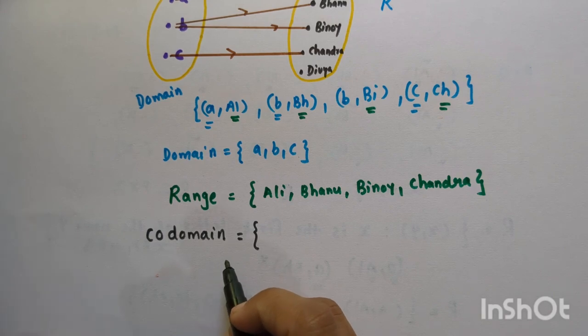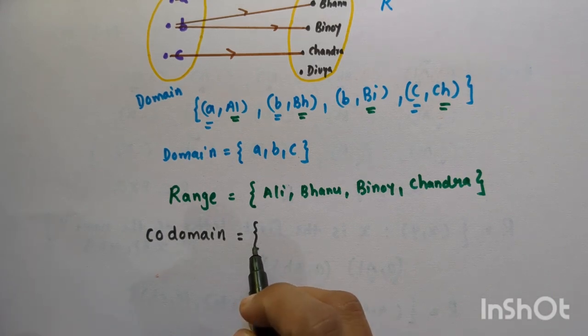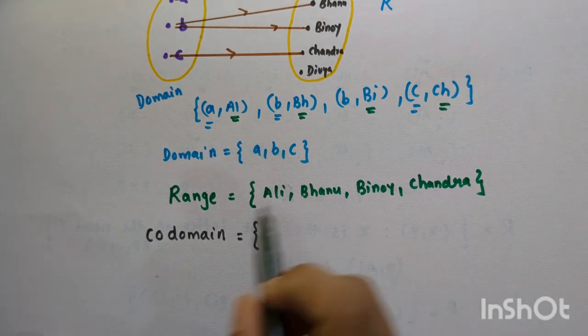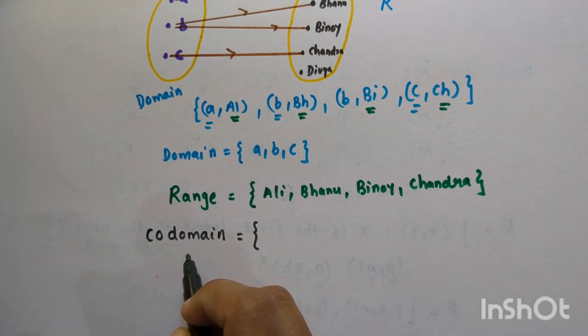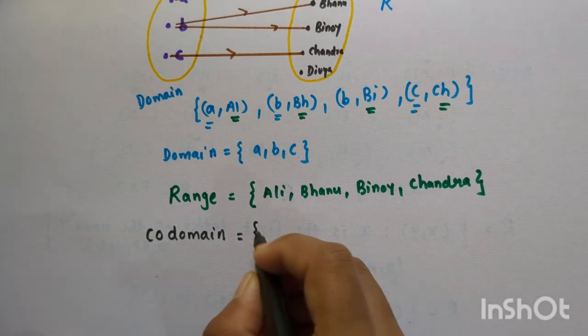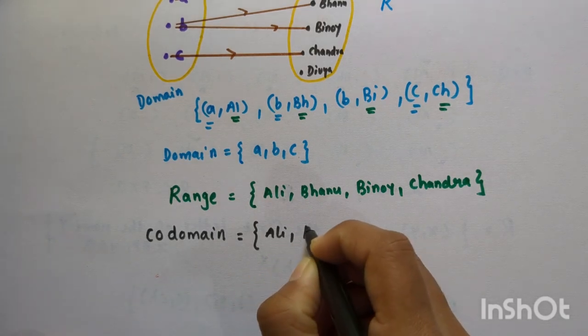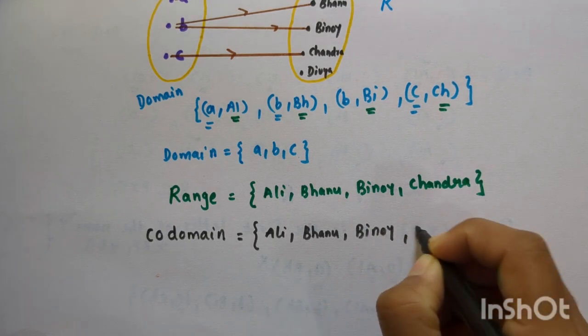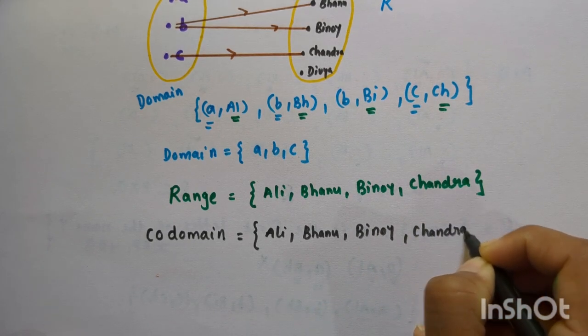Then the set of all second elements, that is the whole set B or Q, is called the codomain of the relation. In set Q, which is the second set, we have Ali, Banu, Binoy, Chandra and Divya.